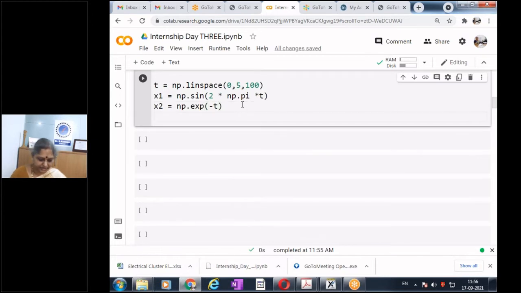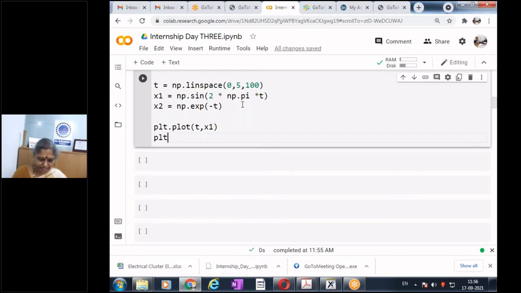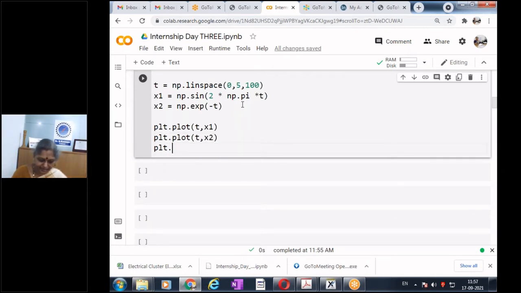And what is my signal now? I want to plot plt.plot(t, x1). Then I plot plt.plot(t, x2). Then I want an exponentially decaying sinusoid.